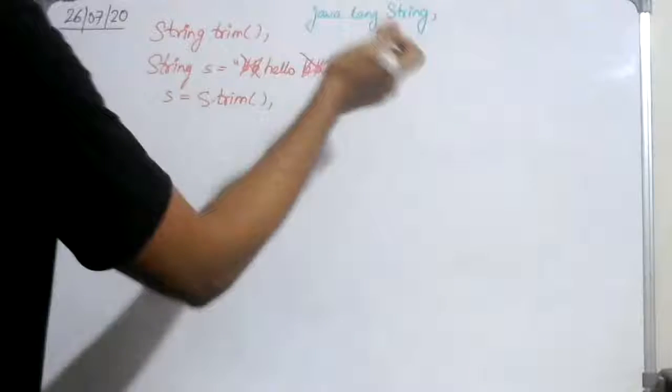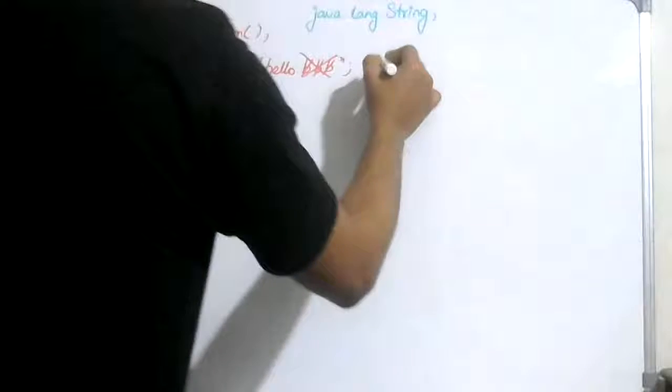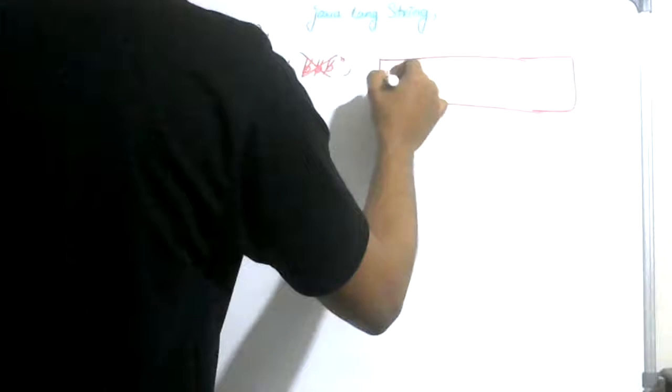Now let's take a look at the array representation so that it might be much more clear. So this is my original string. I have two spaces, then the letters, and then certain more spaces.